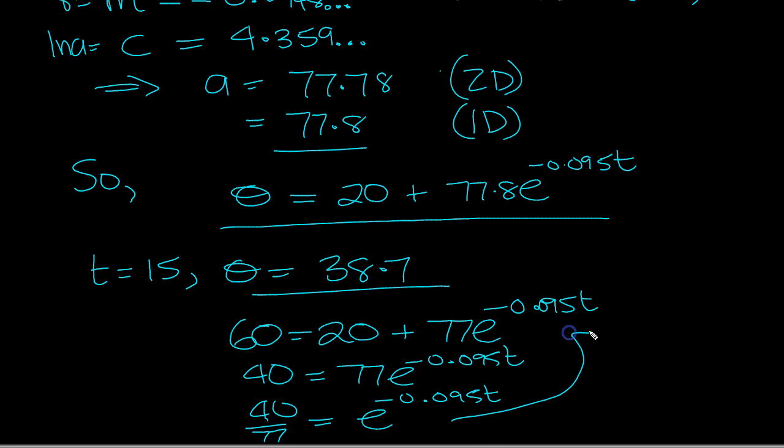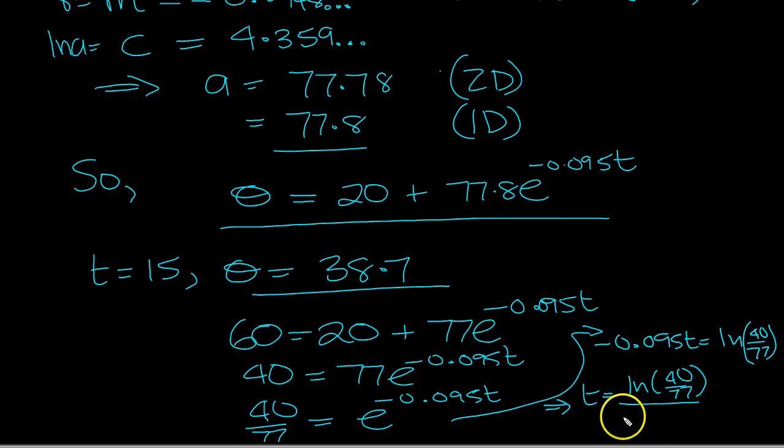So I'll just move that up here to give some room. t is equal to, well, let's just take the log to base e, move the e down to become the log: minus 0.095t is equal to ln of 40 over 77, and that tells us what t is. ln of 40 over 77 divided by this number, minus 0.095.